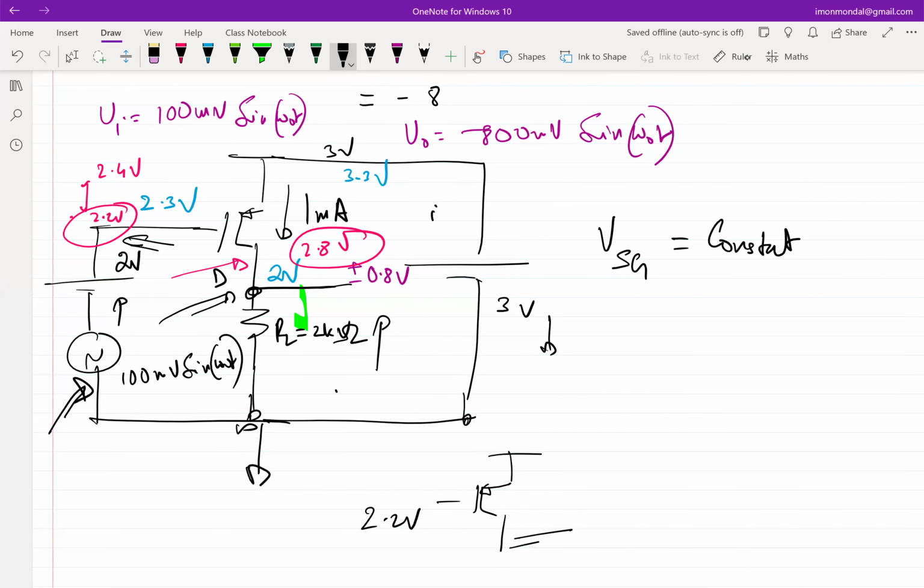What is the maximum voltage at the drain that you can have so that the transistor is in saturation, assuming threshold voltage is 0.5 volt? 2.7. This is the maximum, right? So VD has to be less than 2.7 if the input is at 2.2 to keep the transistor in saturation. Now that transistor is this transistor in the network. Do you think it's in saturation? No, right? By 100 millivolt, we are off.